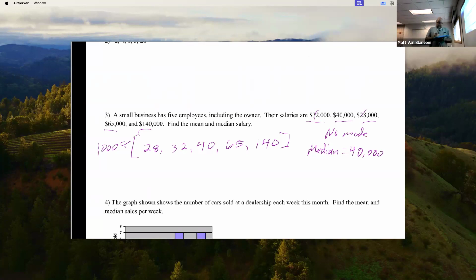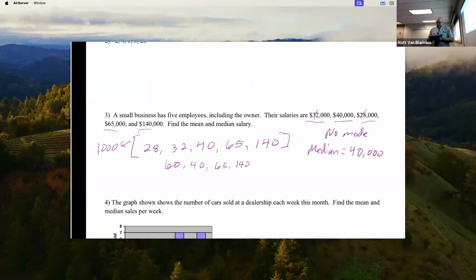Now I'm going to say to myself, okay, how do I do the average? Oh yeah, I add up these items to get their sum and divide it by the number of items. So 28 plus 32, if I take that 2 over to that 8, that's a 10. So it's the same as 40 plus 20. That's going to be 60, then 40, 65, and 140.